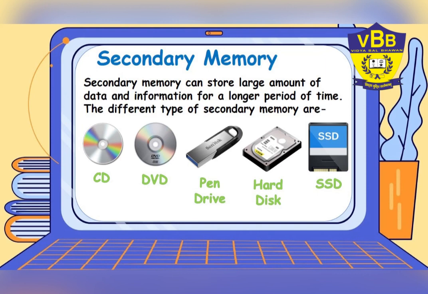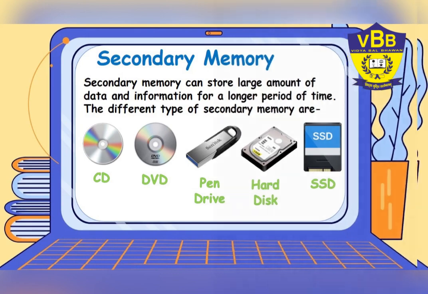It is further divided into different parts like CD, DVD, pen drive, hard disk and SSD cards. These are externally attached to our computer to increase the capacity to store files. One fun fact: a pen drive is also called a USB or a flash drive.